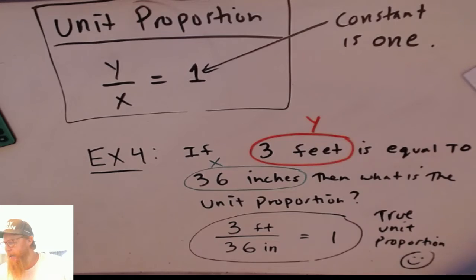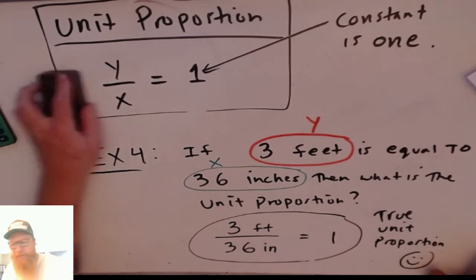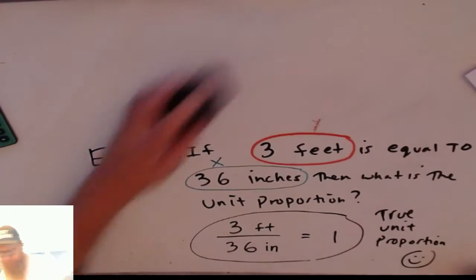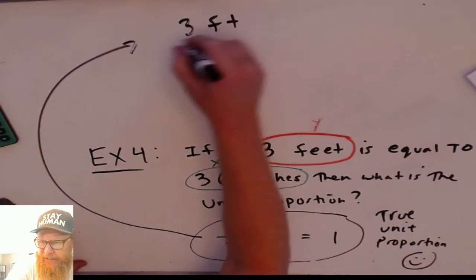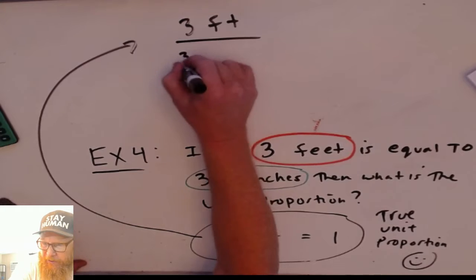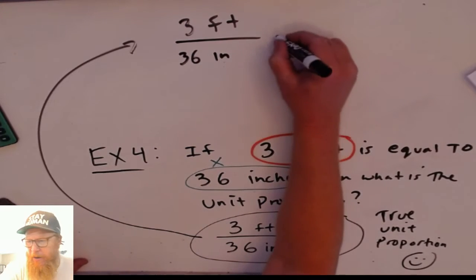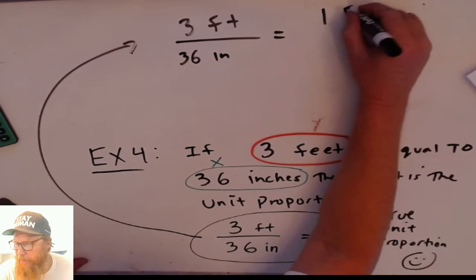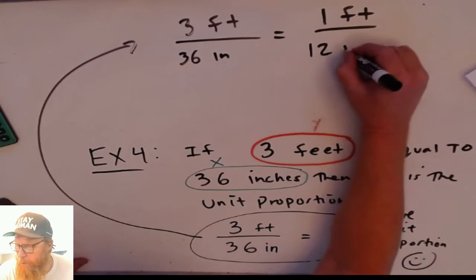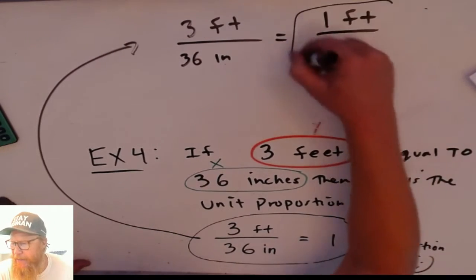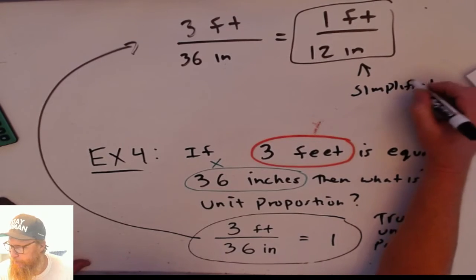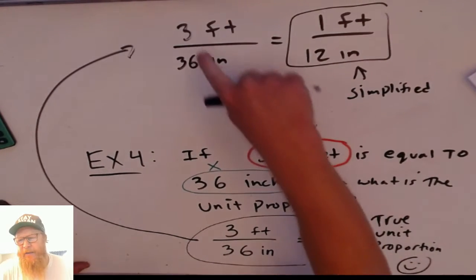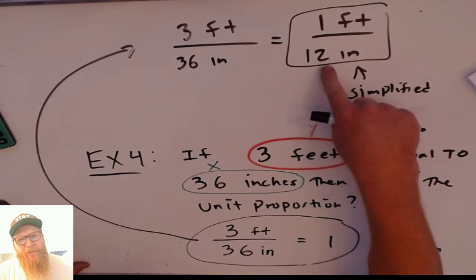All of these unit proportions have two different versions. I could say 3 feet is to 36 inches, or I could say 1 foot is equal to 12 inches. This is the simplified version, because 3 goes into 36 12 times.